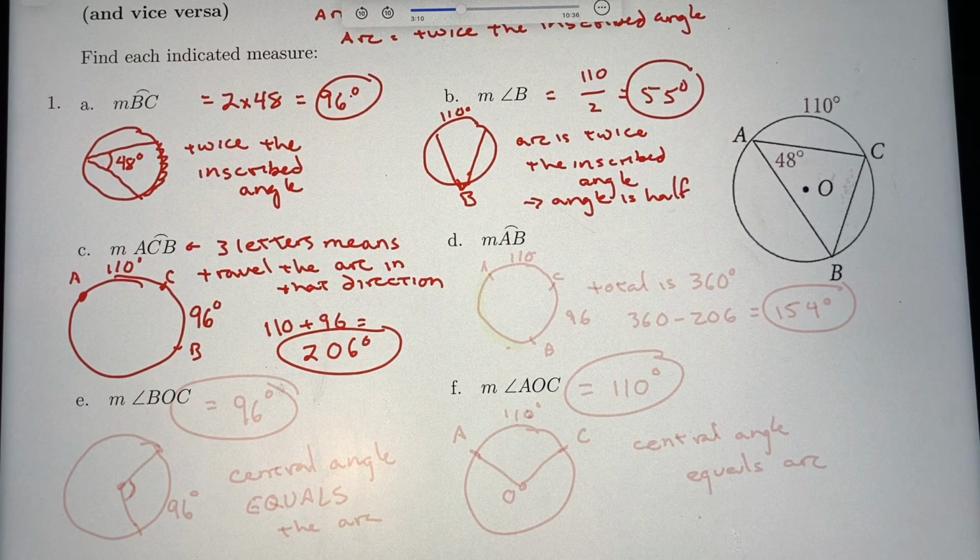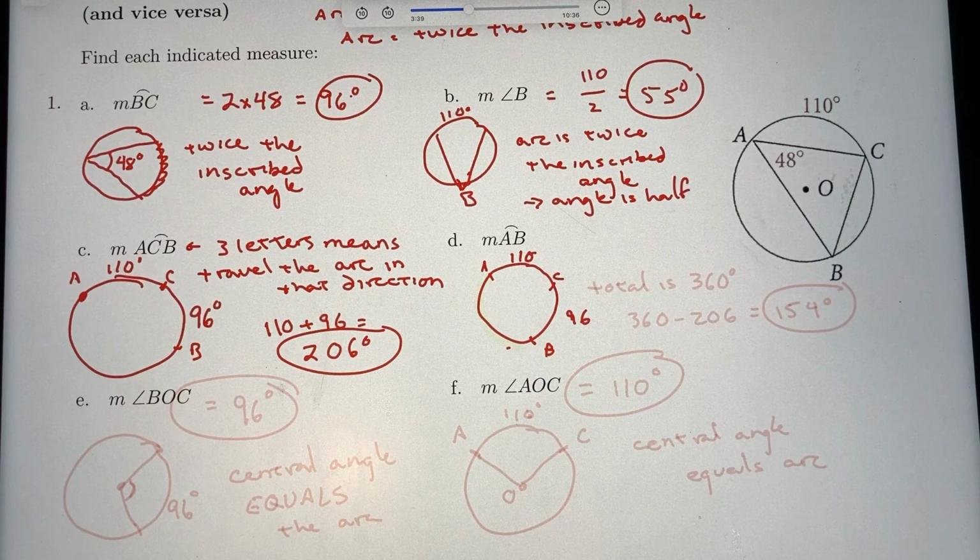Measure of arc AB. Here's where we just use that we know the total is 360 on a circle. So A, C, B. Oops. Hold on. Let me see if I can erase the little mark. There we go. Okay. ACB has 110 and 96.